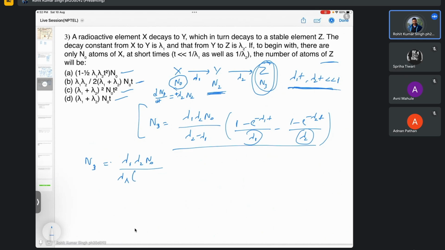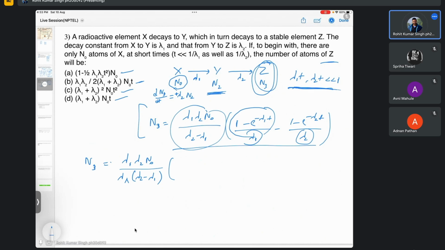Lambda 1, lambda 2 minus lambda, I'm just multiplying this term into both terms while expanding this term.